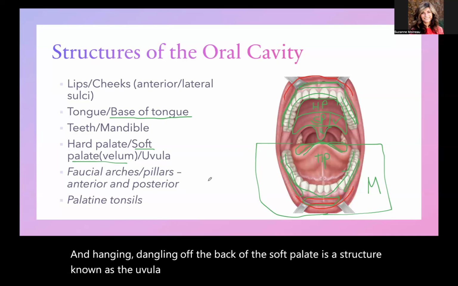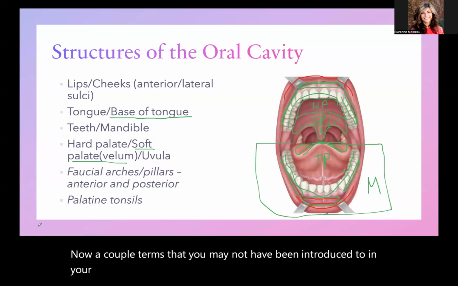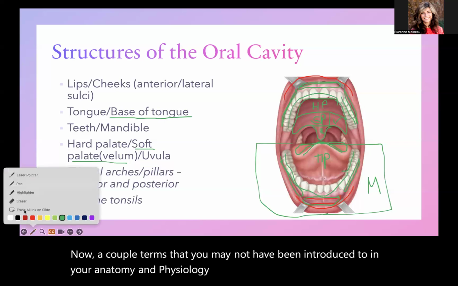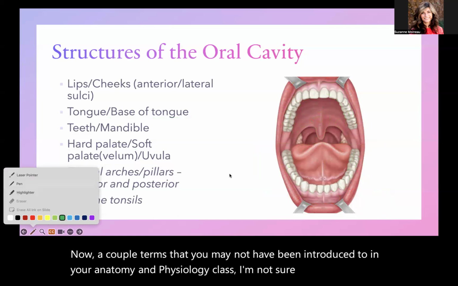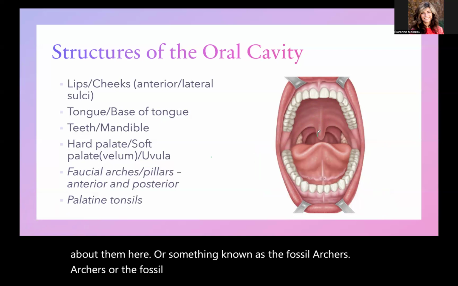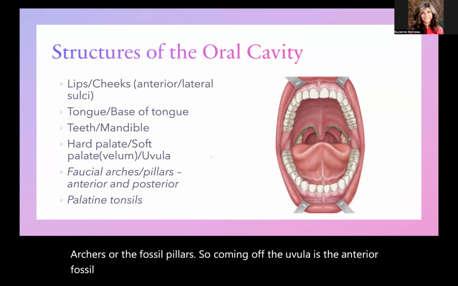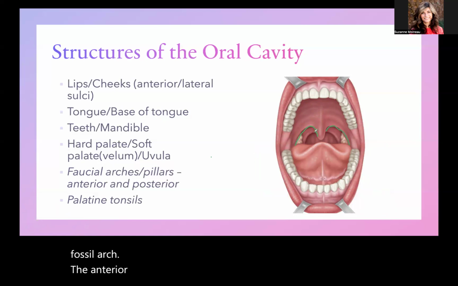Okay, the uvula. Now, a couple terms that you may not have been introduced to in your anatomy and physiology class, I'm not sure, but let's talk about them here, are something known as the fascial arches or the fascial pillars. So coming off the uvula is the anterior fascial arch, and then the posterior fascial arch.